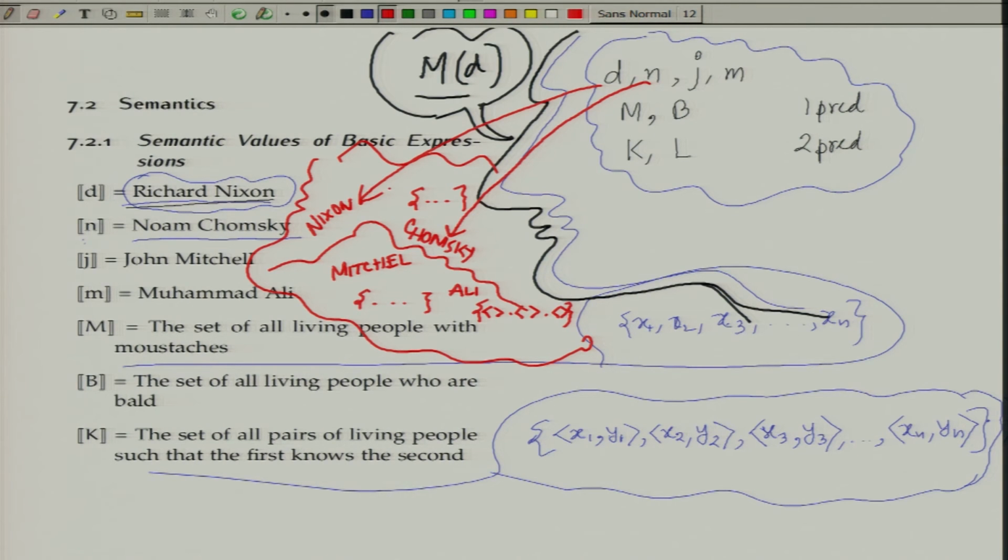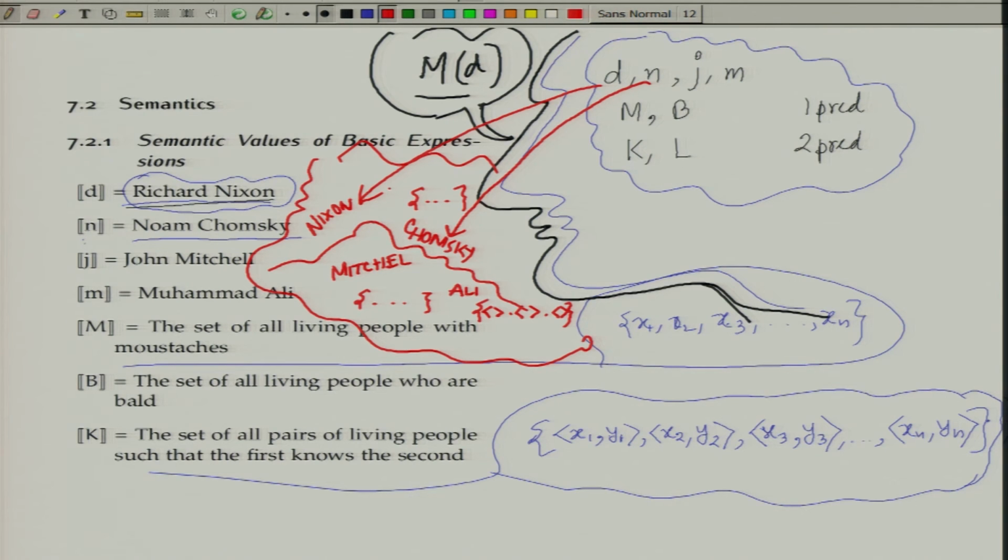Thus, there is correspondence everywhere. I don't know who has a moustache and who doesn't, so I can't actually draw a picture of the reference of M here, but we shall be able to do that when we do the advanced models. But now we'll go to the semantic rules.